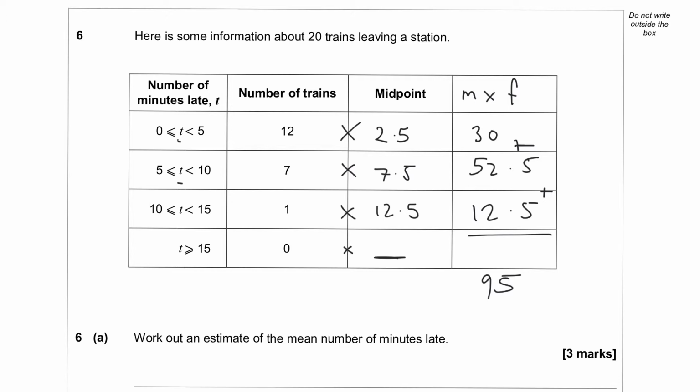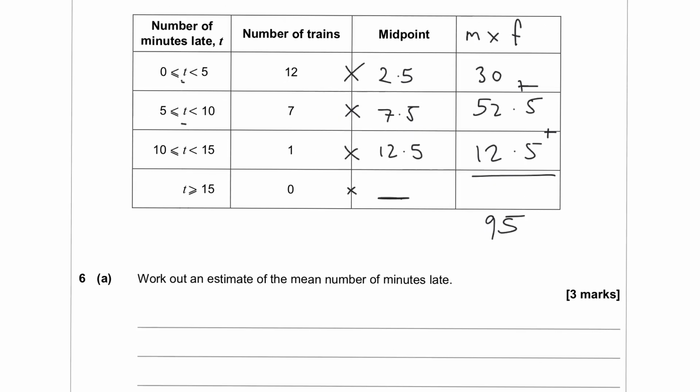So now that we have our total, in order to work out the mean, remember the mean is your total, which is 95, divided by the total number of trains you have. So your mean is your answer from this column divided by your answer from this column.